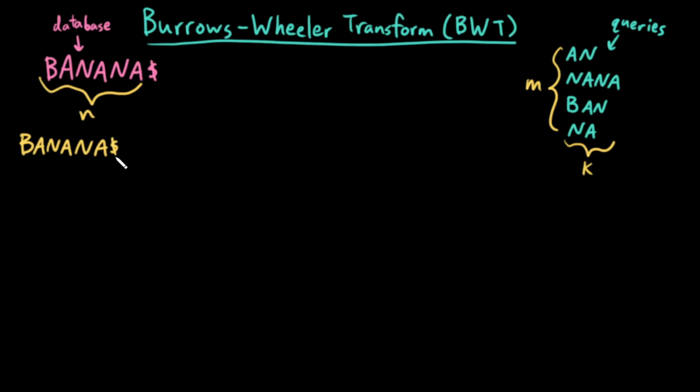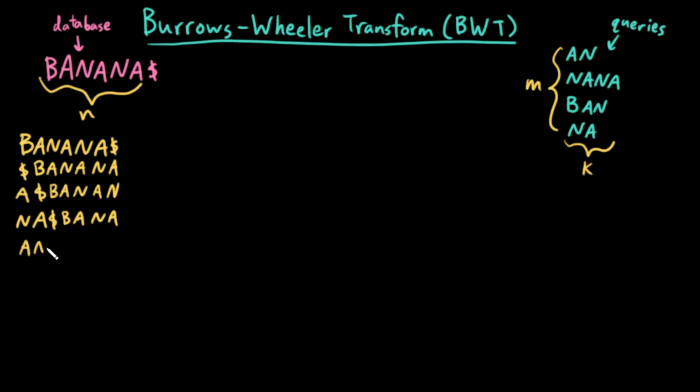banana$, then rotate it, so I get $banana, then rotate it again, so a comes over, a$banan, then rotate it again, so n comes to the beginning, na$bana, then rotate again, I get ana$ban, rotate again, I get nana$ba, rotate again, I get anana$b.